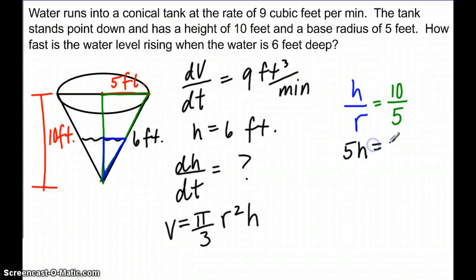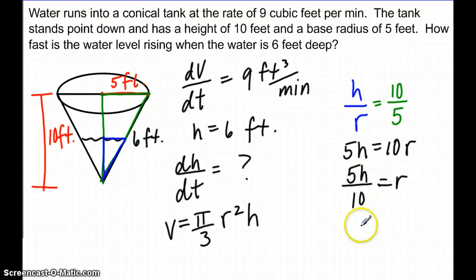So again, the ultimate goal is to eliminate R from our volume function because we don't have any information about the radius. So solving this equation for R, we get H over 2 is equal to the radius.